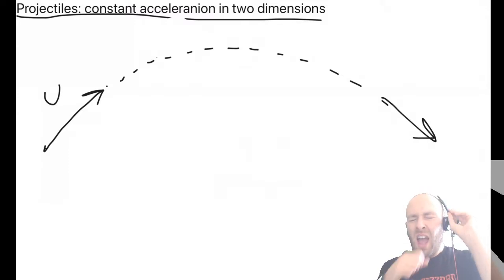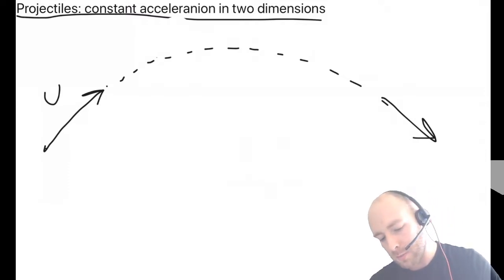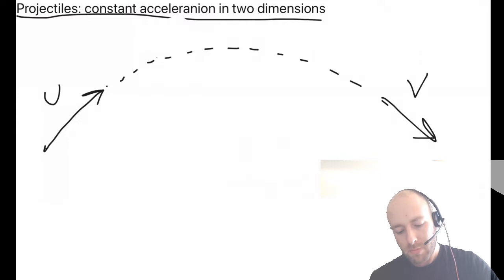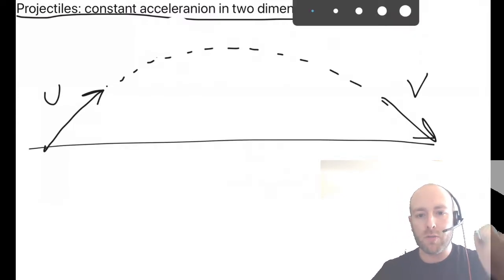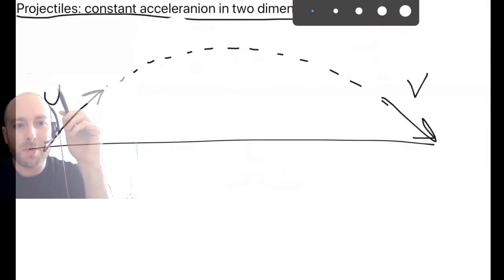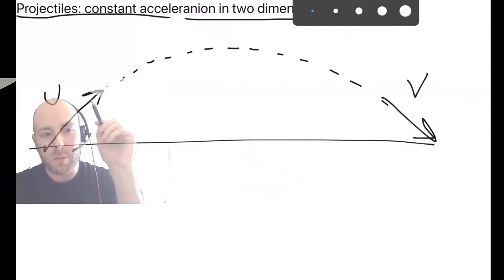We imagine it crashes into the ground with a speed of v. So we can split up our initial velocity u into horizontal and vertical bits.